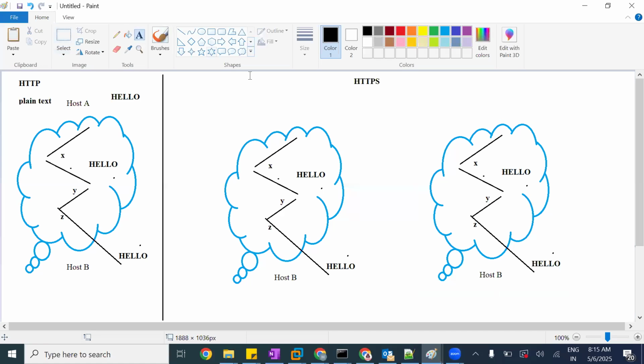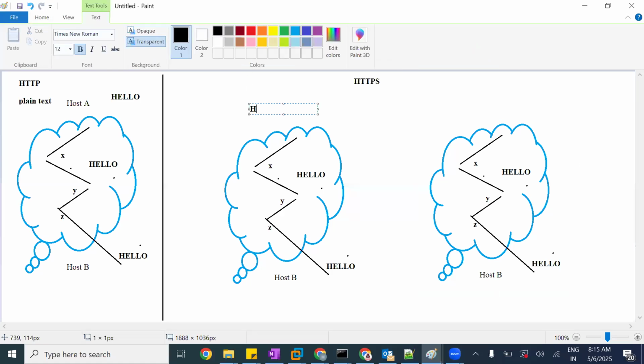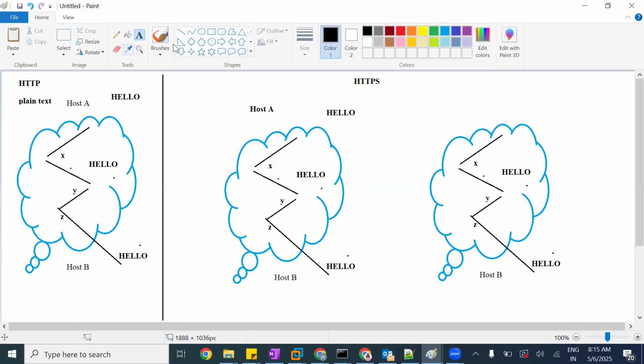Again, host A is there, host B is there. Host A is trying to send a hello message in the HTTPS communication, but the data will not be plain text, because HTTPS uses encryption.